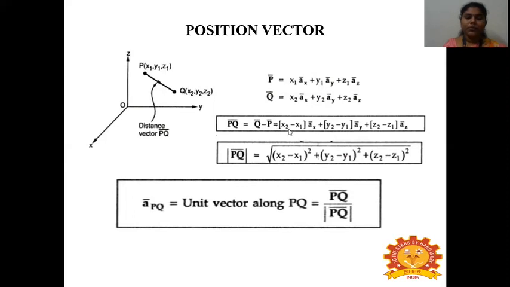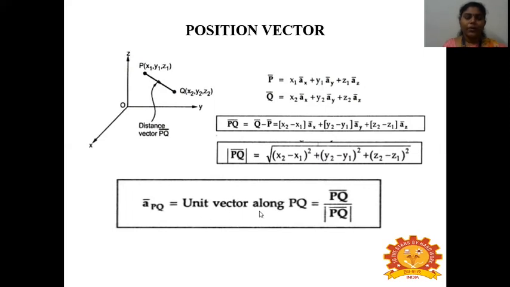That is x2 minus x1 into ax vector plus y2 minus y1 into ay vector plus z2 minus z1 into az vector. So to obtain the modulus of this vector, we have to take the square root. So modulus of PQ vector will be given as square root of x2 minus x1 the whole square plus y2 minus y1 the whole square plus z2 minus z1 the whole square.